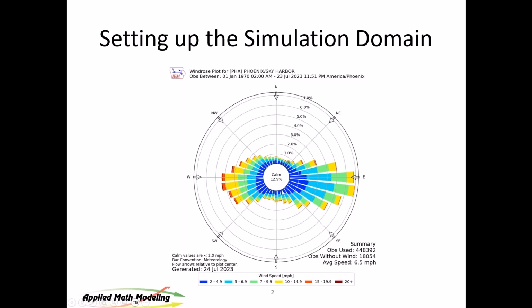Over here we've got a little red, so that means we're up to 15 miles an hour from the west, and that occurs some percentage of the time as well, 4%. If I were modeling this data center, I'd probably want to take a look at wind from the east and wind from the west, maybe offset them a little bit to understand what the impact is. Most of the time this place is calm, but you do have some wind conditions, and this happened to be Phoenix.